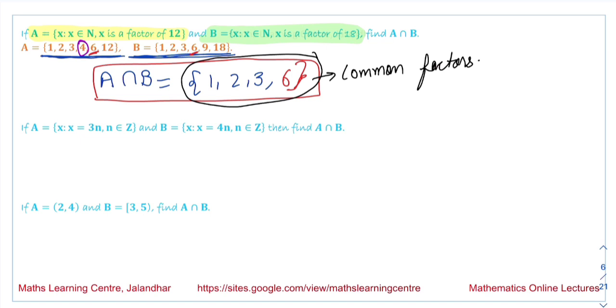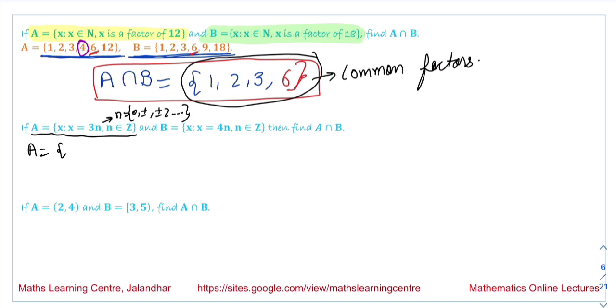Now the next question we have is that A is given as the set {x : x = 3n and n belongs to Z}. So the elements of A are of the form where the value of n that we can have is n = 0, ±1, ±2, and so on.